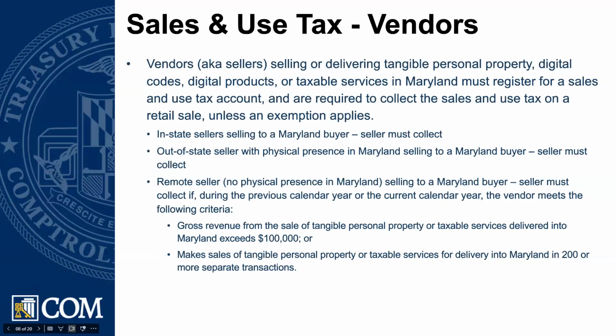A remote seller with no physical presence in Maryland selling to a Maryland buyer, the seller does have an obligation to collect if, during the previous calendar year or the current calendar year, the vendor meets the following criteria. Gross revenue from the sale of tangible personal property or taxable services delivered into Maryland exceeds $100,000, or the vendor makes sales of tangible personal property or taxable services for delivery into Maryland in 200 or more separate transactions.